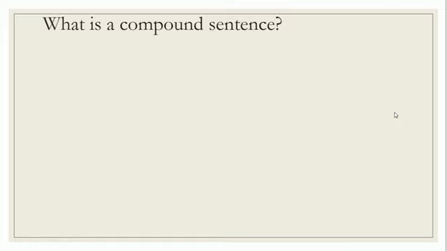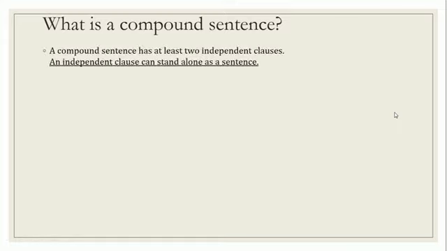What is actually a compound sentence? A compound sentence has at least two independent clauses. An independent clause can stand alone as a sentence. You do not need to be confused about the terminology independent clause here.